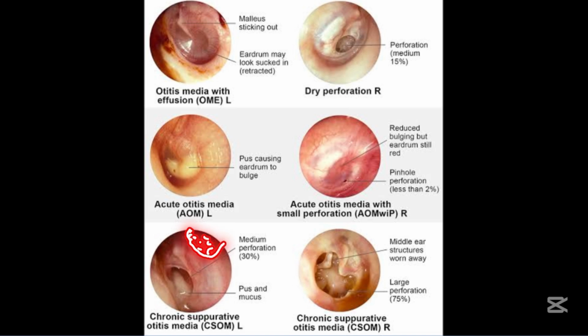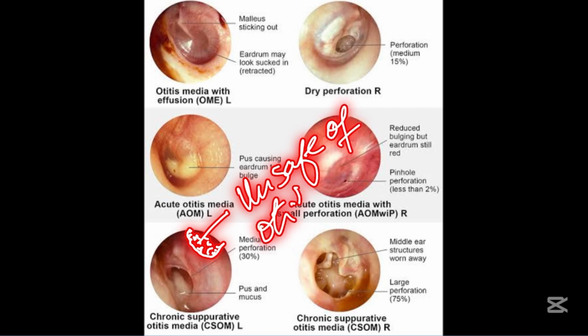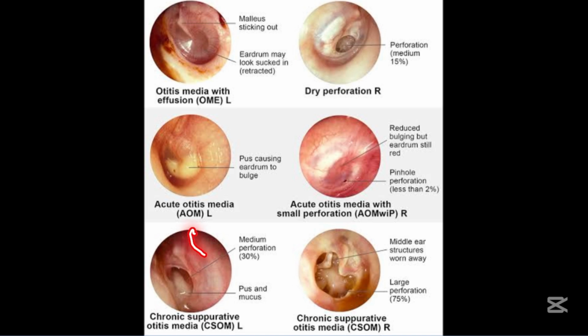The marginal perforation will also tell us that the patient has the unsafe type of otitis media, that is the atticoantral type of otitis media, and there can be a cholesteatoma behind a marginal perforation.